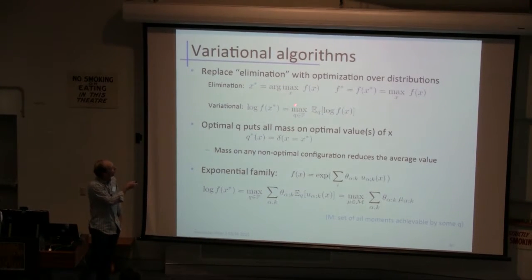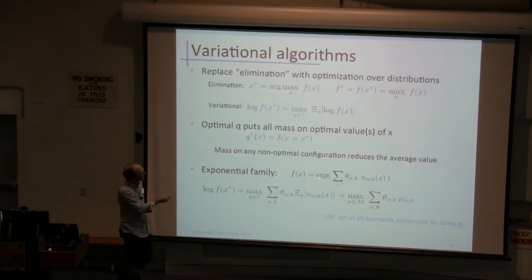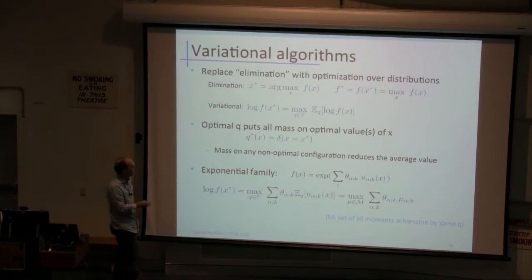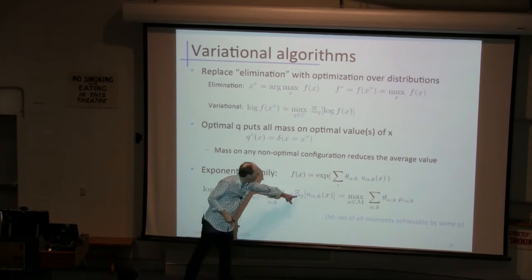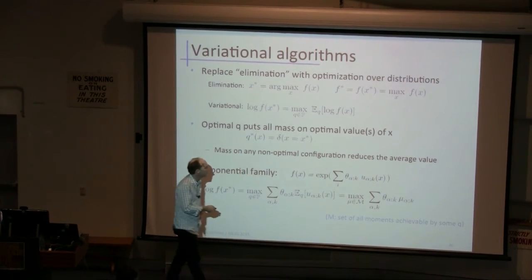And so if you think about f being some function in the exponential family, so f is a sum over these theta factors, then the optimization over distributions q depends only on the expectations over q of these indicator functions that we saw.